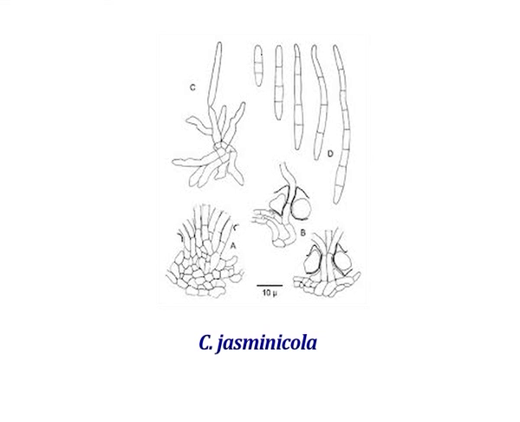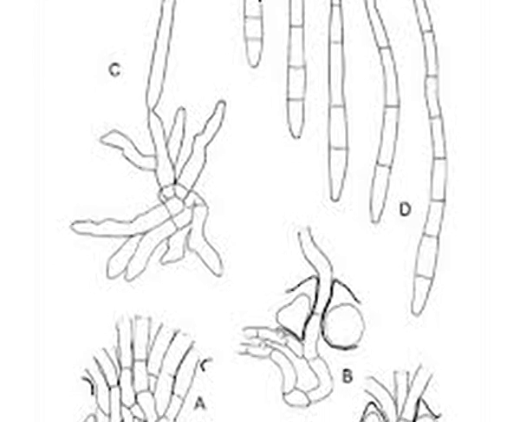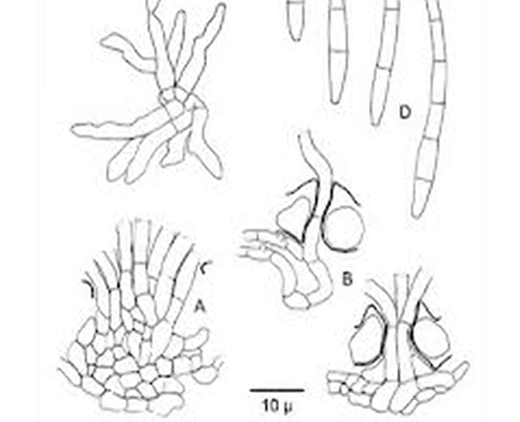Cercospora jasminicola produces conidiophores, which are amphigenous, arising in groups on a dark brown, thick-walled stroma, simple, septate, pale to olivaceous brown, and geniculate with hyaline and narrow tips.